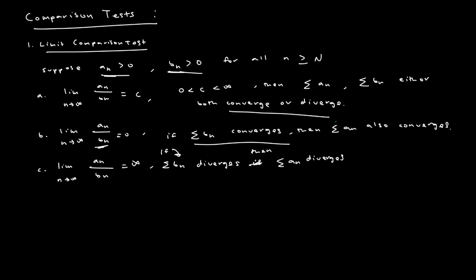And let's do some examples. So let's determine whether the series from n equals 1 to infinity of 2n plus 1 divided by (n plus 1) squared converges or diverges. So what we need to do is find another function that we know converges or diverges, and then look at the limit behavior between this series and that other series.